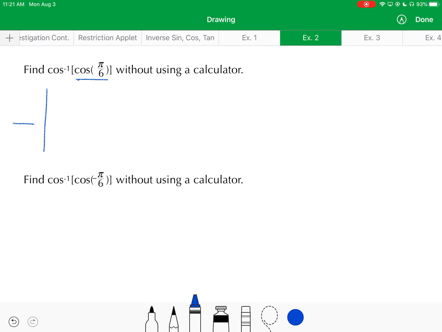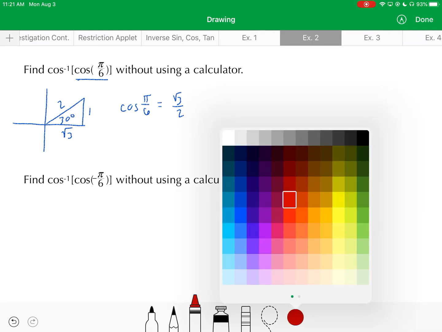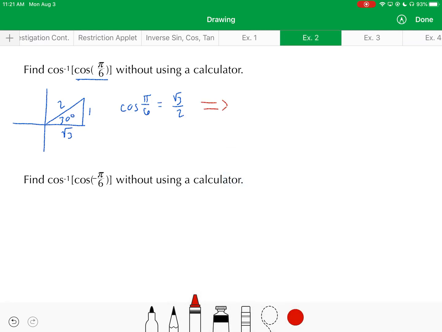Okay, now pi over 6 is the same as 30 degrees, right? So we could draw this out really quickly. 1, radical 3, 2. Cosine of pi over 6 is then equal to radical 3 over 2. Okay, so now we take that result of radical 3 over 2 and we evaluate the outer function, inverse cosine, with it.